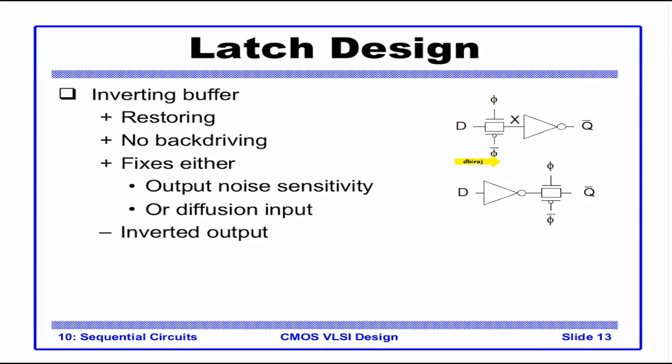That means D is not connected to X. So the voltage level on X will start degrading over time. Now let's say you keep the clock off for a big amount of time. The voltage value on X will start degrading across the capacitance with respect to ground or with respect to VDD. This is the case where we say that this circuit is dynamic in nature. That is, the node X is dynamic in nature. It may show some weakening of the logic level.